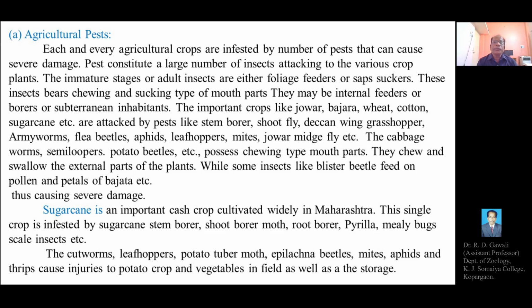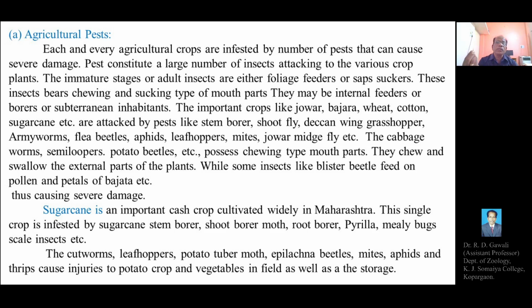Sugarcane is also an important cash crop cultivated widely in Maharashtra. We know sugarcane is a commercial crop or a trade crop, like cotton. So there are different commercial crops or important cash crops cultivated in Maharashtra.